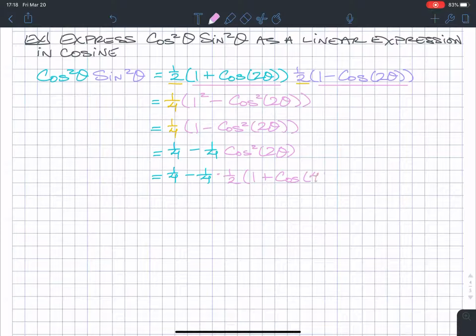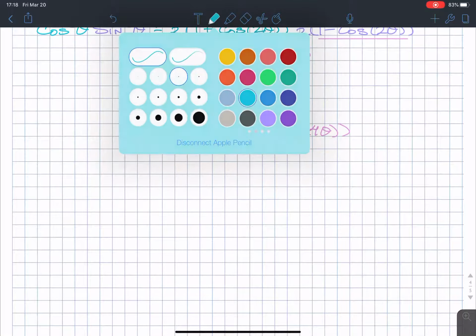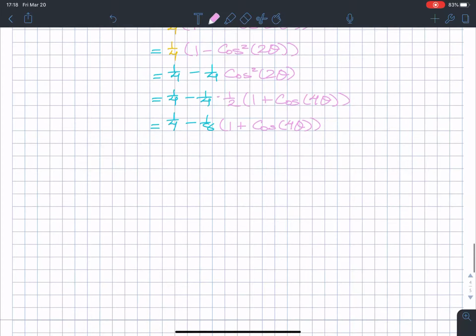So that's going to be 4 theta, because 2 times 2 is 4. So this gives me 1/4 minus 1/8 the quantity 1 plus cosine of 4 theta.